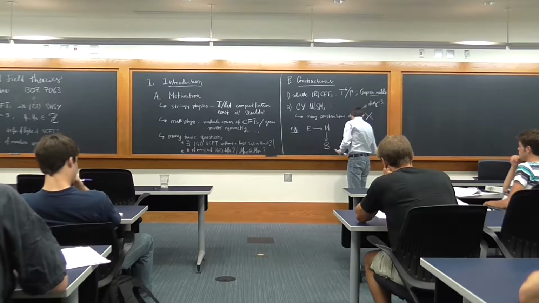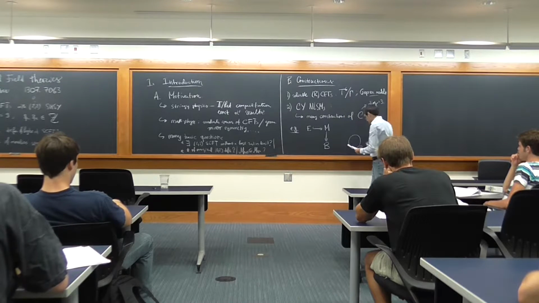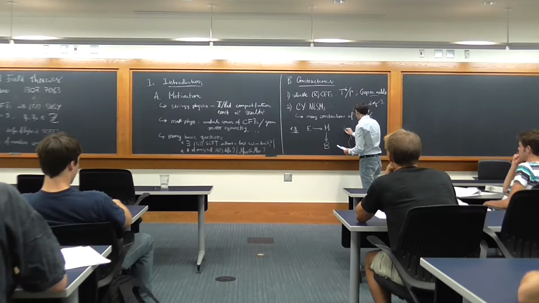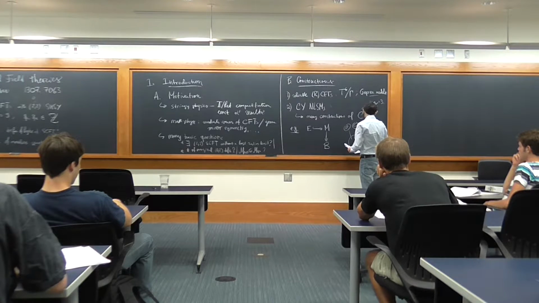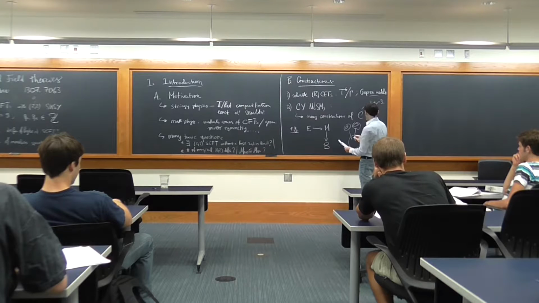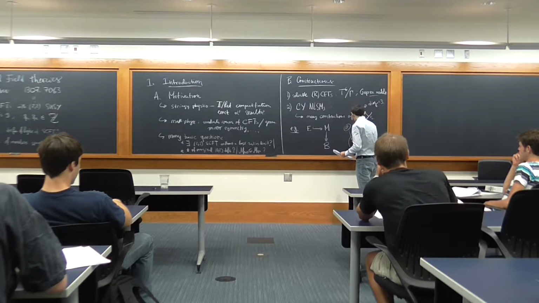And here's our base. And then we have different tori. And you ask, well, what changes as I move along the fiber? What changes is the complex structure of the torus.